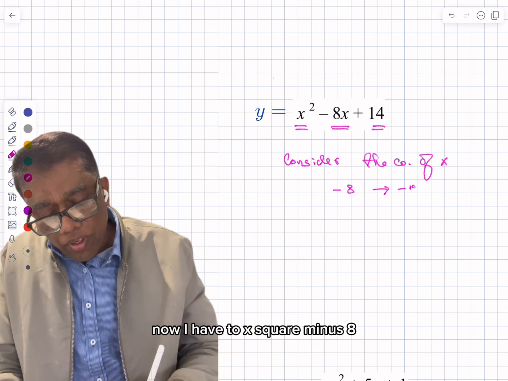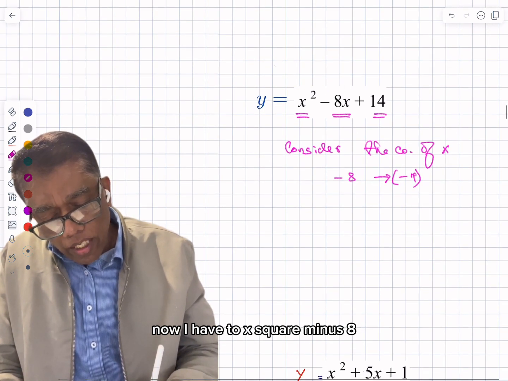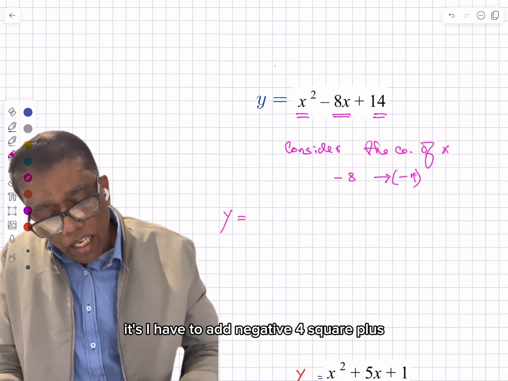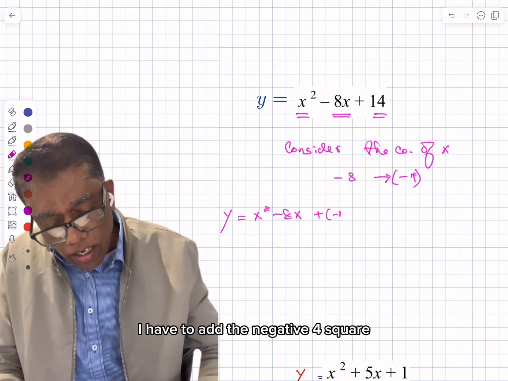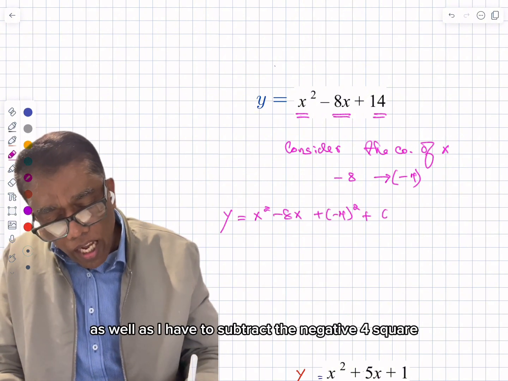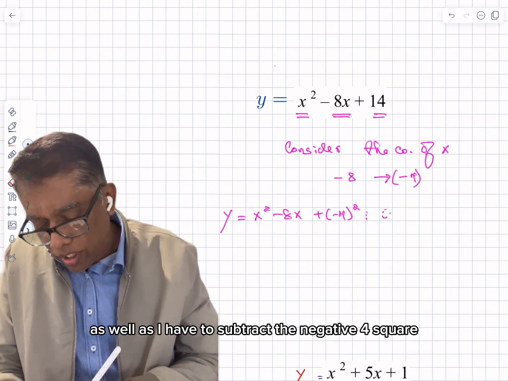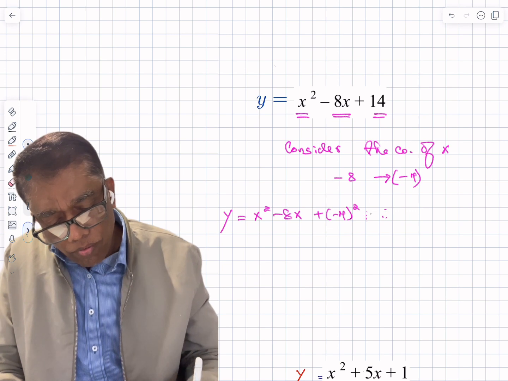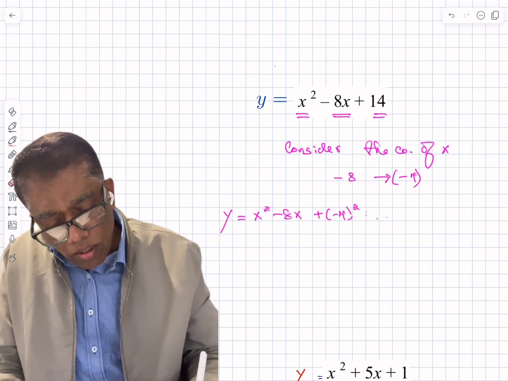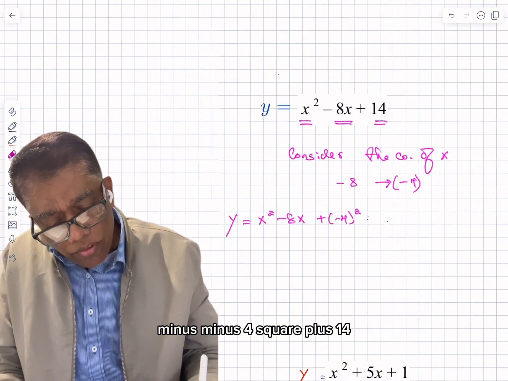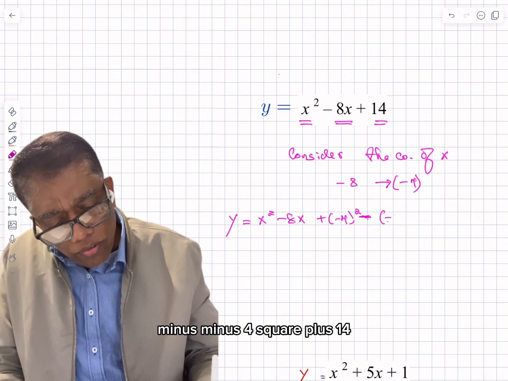Now, to x square minus 8x, I have to add (negative 4) square, as well as I have to subtract (negative 4) square, plus 14.